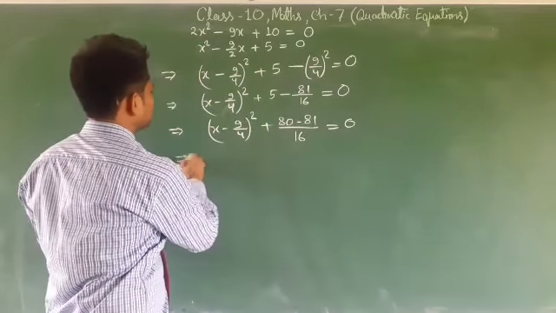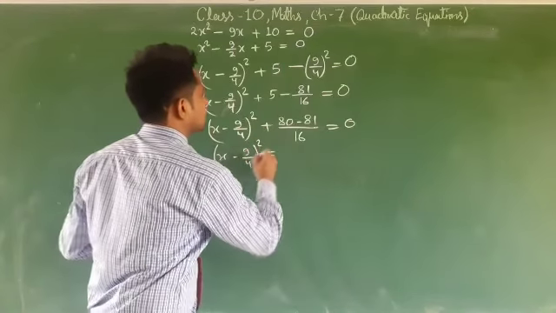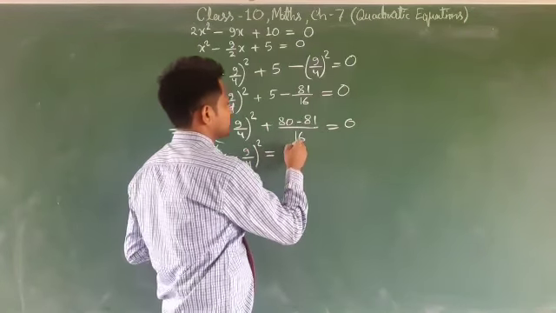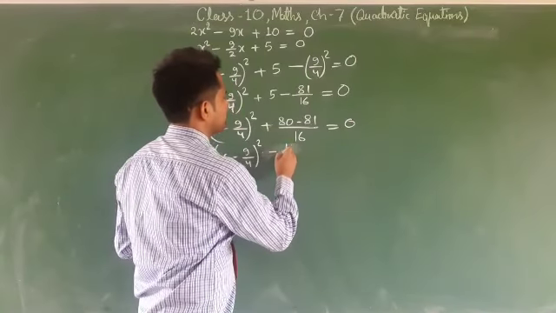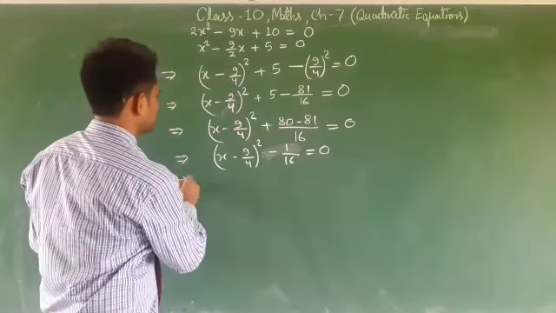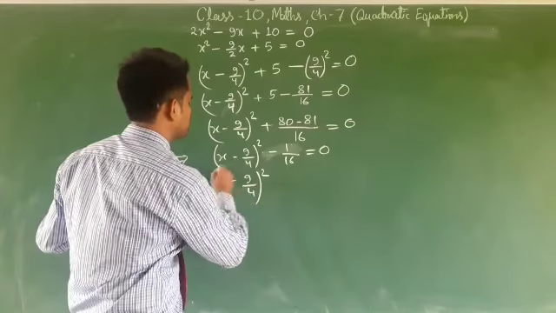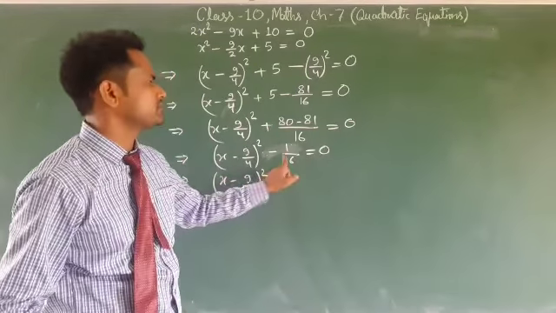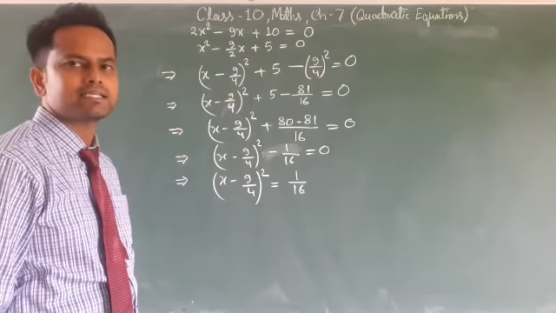Then we get minus 1 by 16 is equal to 0. (x minus 9 by 4) to the power 2, transpose minus 1 by 16, it will become plus 1 by 16.